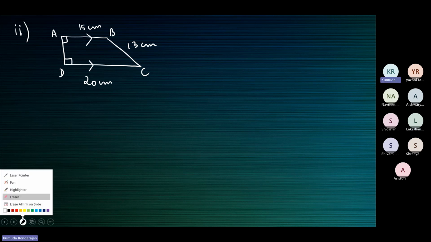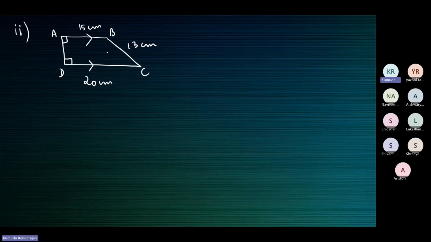So here we do not know the perpendicular distance between the parallel sides, which is not given. And 13 centimeters cannot be regarded as the perpendicular distance between the parallel sides.